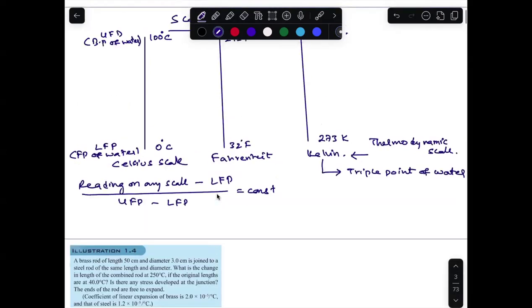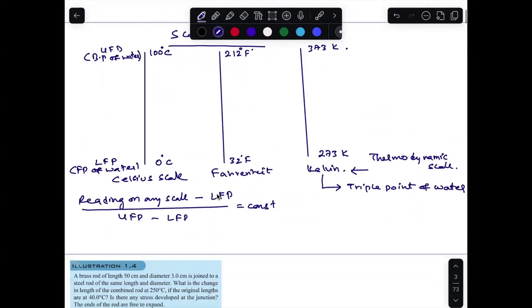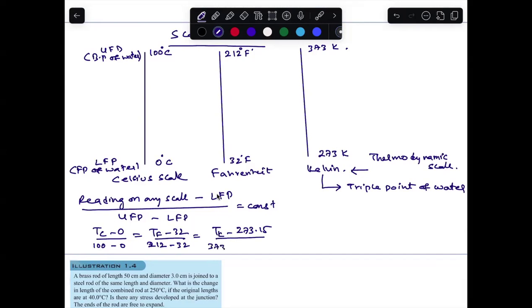So to generalize this, T centigrade minus 0 by 100 minus 0 is equal to T Fahrenheit minus 32 by 212 minus 32, is equal to T Kelvin minus 273.15 by 373.15 minus 273.15.